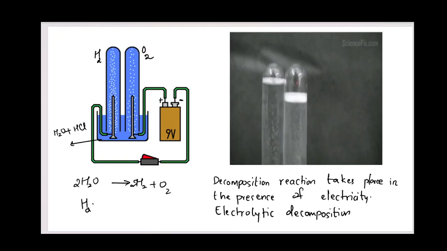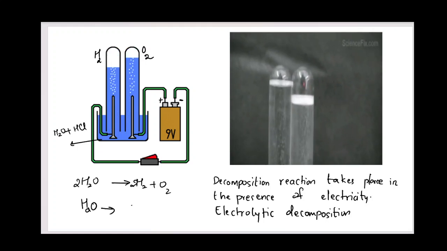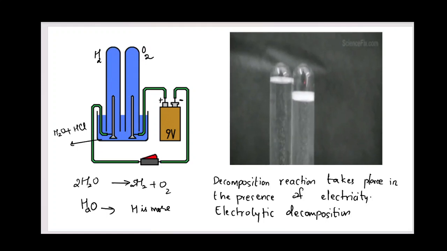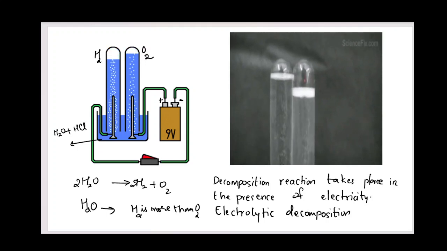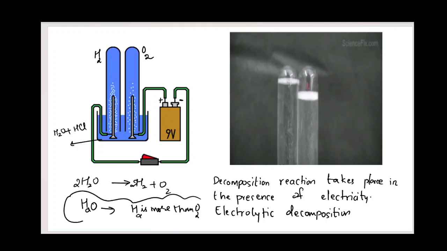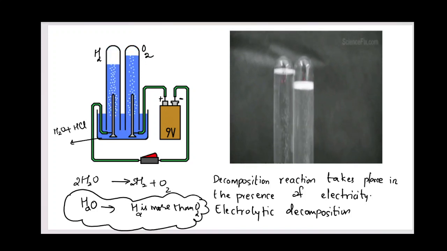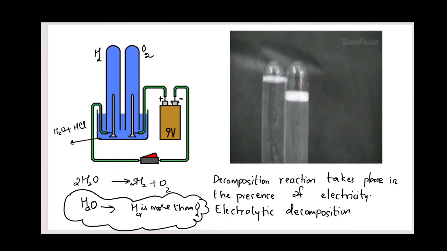Because if you write one molecule of water, the amount of hydrogen is more than oxygen, isn't it? So more hydrogen gas is released and less oxygen gas is released. So that is about the electrolytic decomposition.